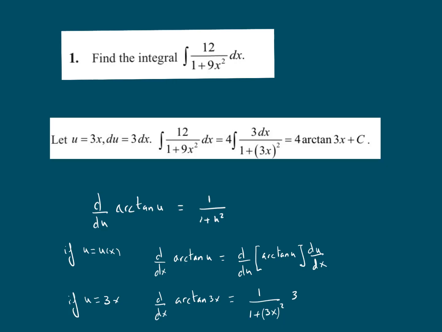First problem says find the antiderivative of the function 12 divided by 1 plus 9x squared. This looks like an arctangent, so we say, okay, wait, there is no square root of something, so we don't need to use what we said previously.